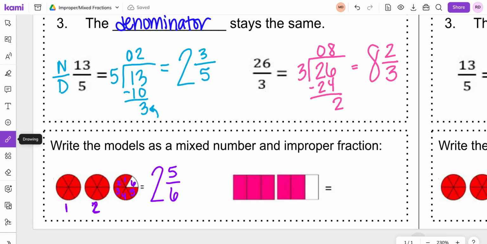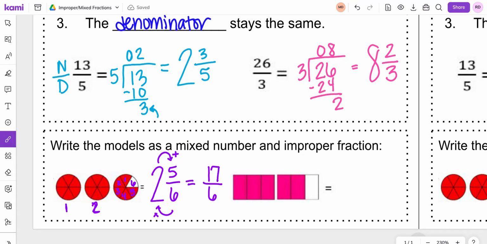And then to make that an improper fraction, we can just count all the little pieces. So the denominator, or actually we'll use our method from the top. So our denominator is going to stay 6, and then we're going to multiply. 2 times 6 is 12. 12 plus 5 is 17/6.